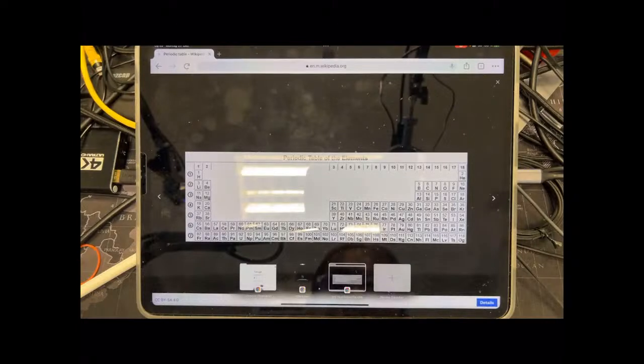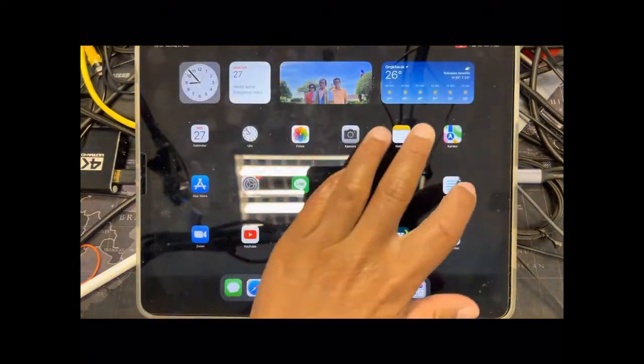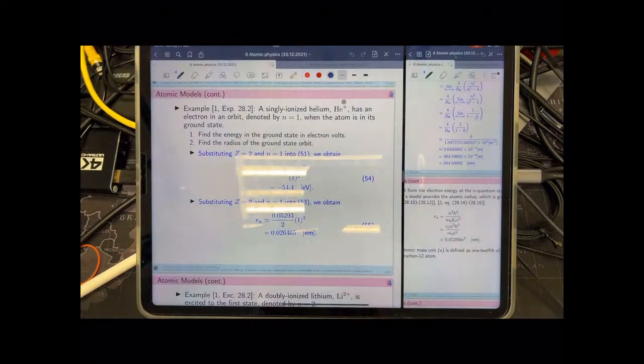Let's get back to the table. You have here helium, which is the second element in the periodic table, right? And as you know, helium has 2 protons, 2 electrons, right? Once they say He with a plus, it means the ionized version of the helium.